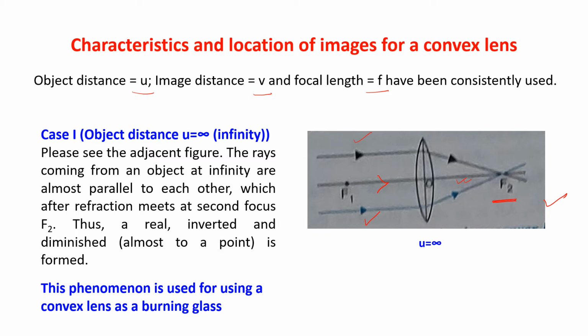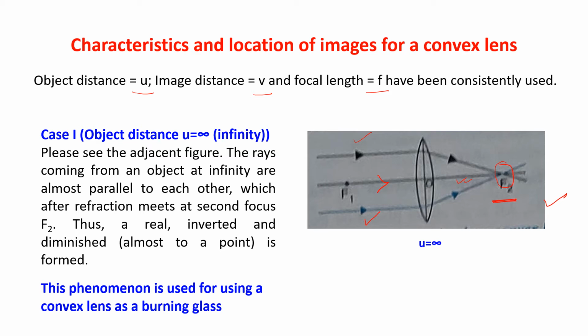So this question is very important. Can a paper be burnt with the help of a convex lens? Yes, the paper can be burned if the paper is kept at this point, that is at the focus.